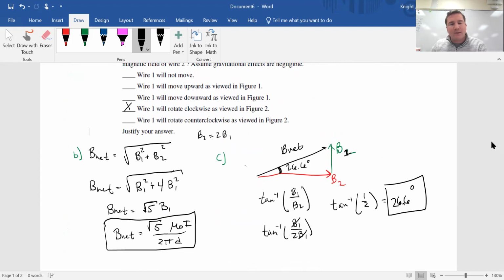towards the top, how do I want to say this? The top of wire 1 feels a force right. The bottom feels a force left.